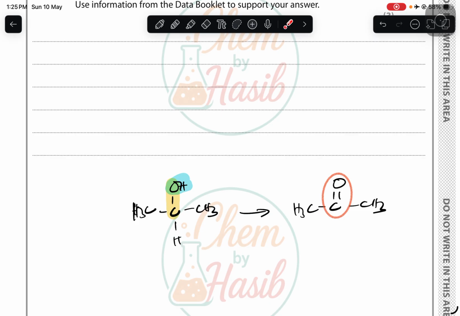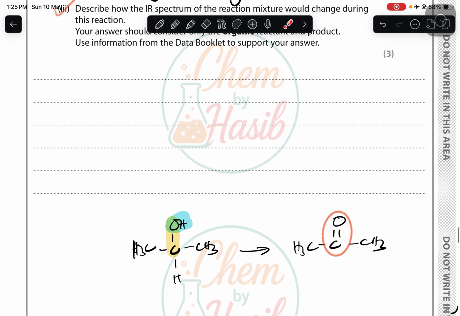Usually this question is of 2 marks. Now this is of 3 marks. That is why we have to write 3 points. So 1 point will be about the disappearance of the O-H absorption, the disappearance of the C-O absorption, and the appearance of the C double bond O absorption, right? So what would we write here?